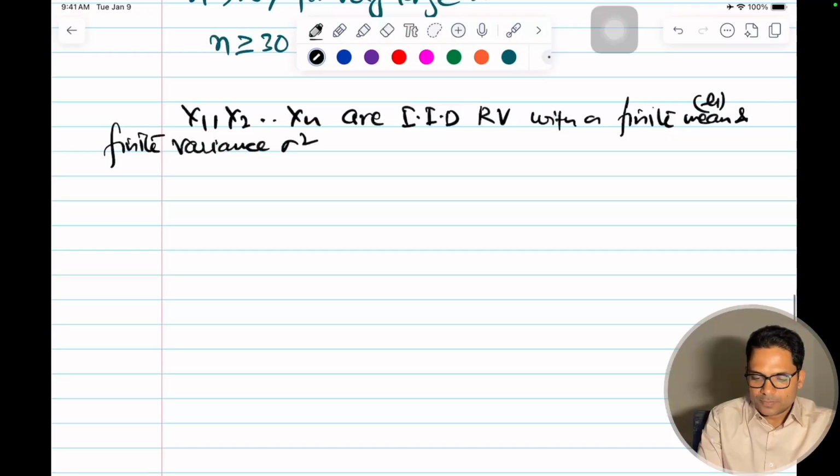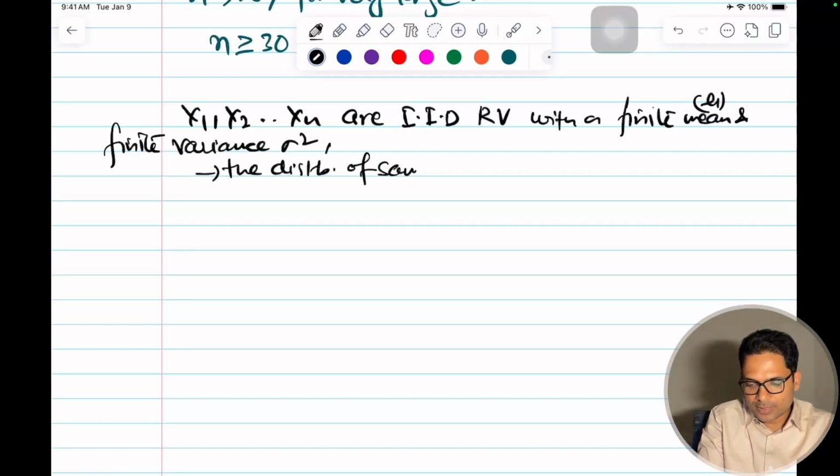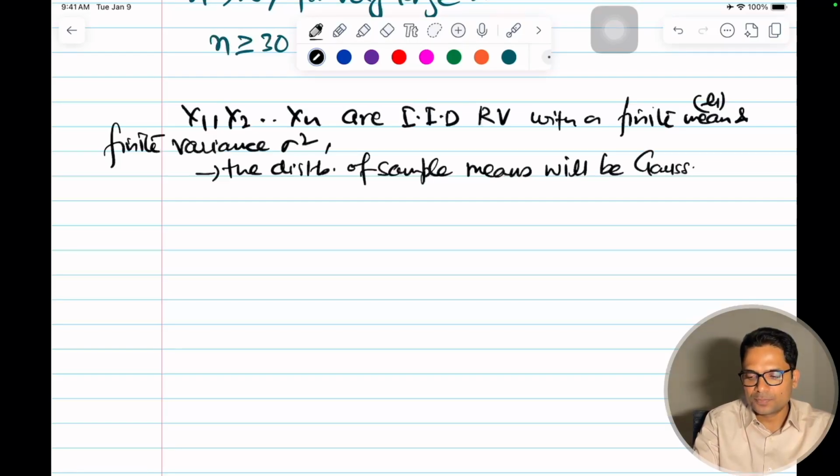So I have these random variables, and for this, the distribution of sample means will be Gaussian. And what will be the parameters of that Gaussian?